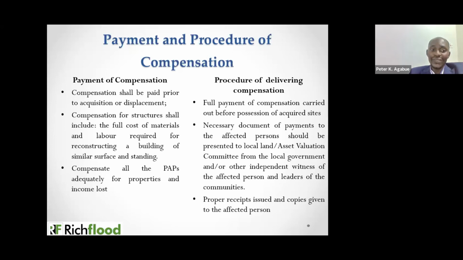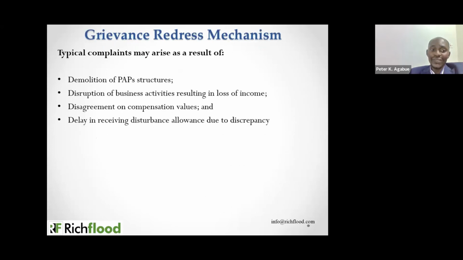The process of a resettlement action plan cannot be without grievance issues. So the resettlement action plan has a way of addressing grievances, and part of this mechanism is through consultation.